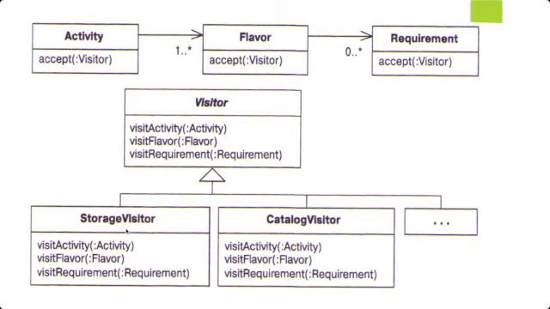Storage visitor can use some information to store it. Catalog visitor can use another information of all of this hierarchy of object. It's very flexible. We can use it in some interesting places.